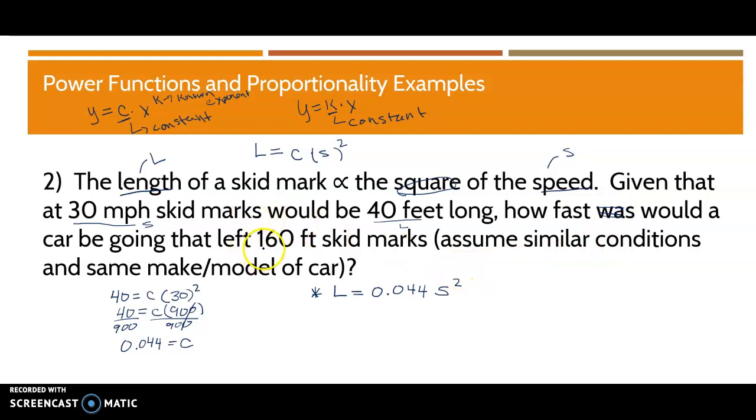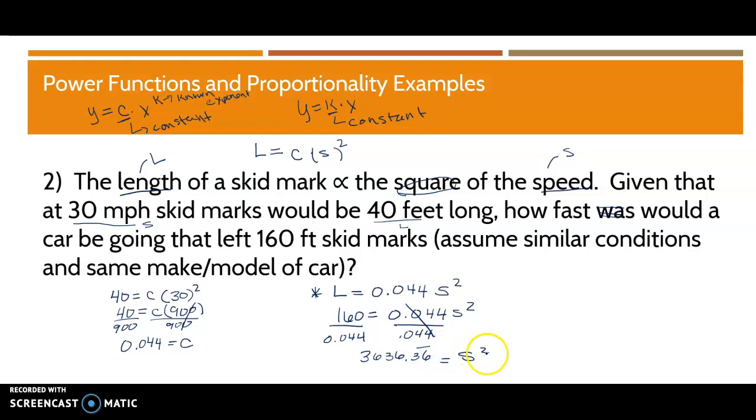So this 160 I recognize as a length, and so I'll put that into my formula for L and fill in the rest of my formula, and it looks like I'm solving for speed. And so in order to do that, I will first divide on both sides. These cancel, so speed squared is equal to, and I got 36.36 repeating on my calculator.